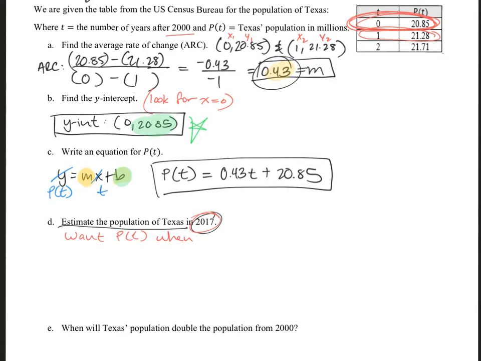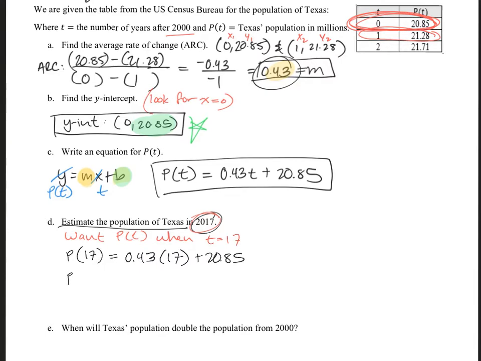So 2017 is 17 years after 2000. So this is when t equals 17. Alright, so let's use this equation to solve that. So we want P of 17, inputting 17 for t. That's going to be 0.43 times 17 plus 20.85.